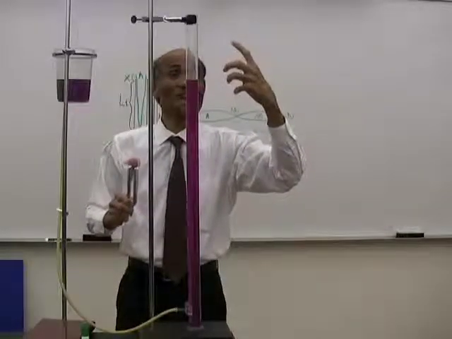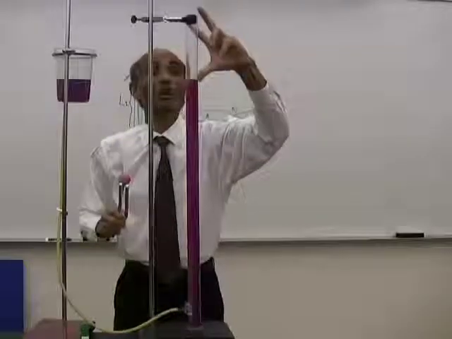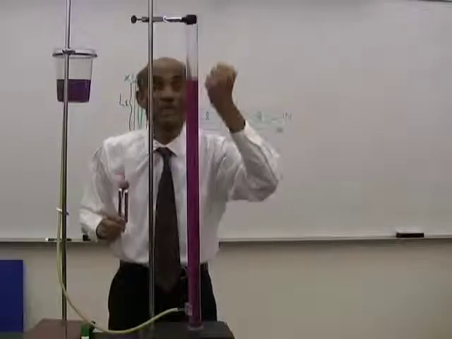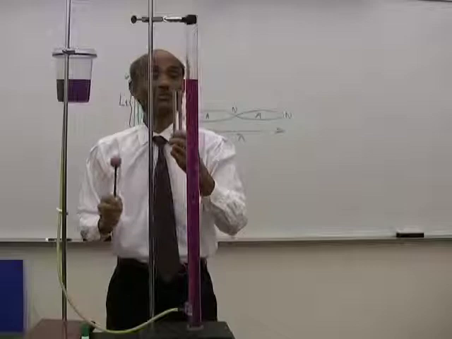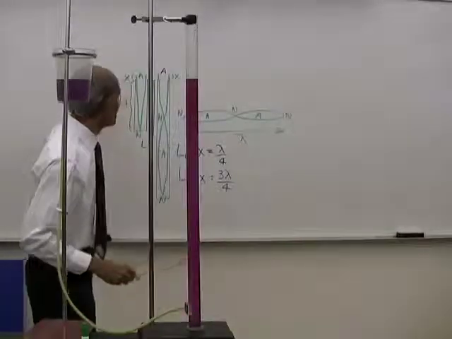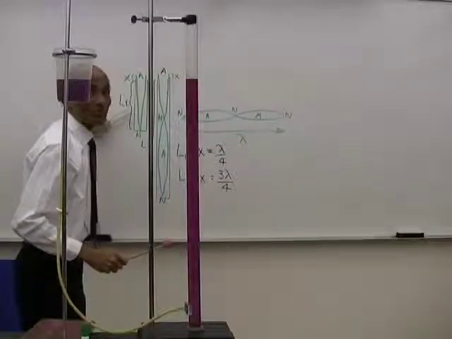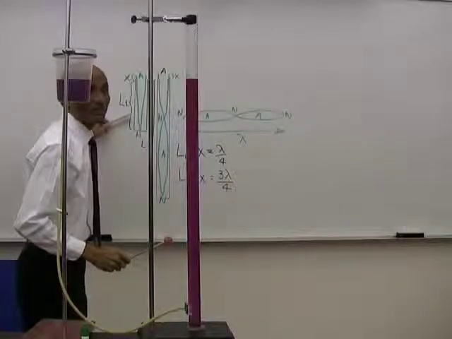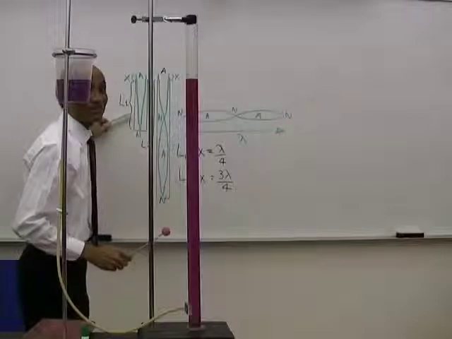Now when you hear a loud sound, you should know the column of air is resonating with the frequency of the tuning fork. Now when you hear the first resonance, this will be the mode of resonance. That is for the first resonance.